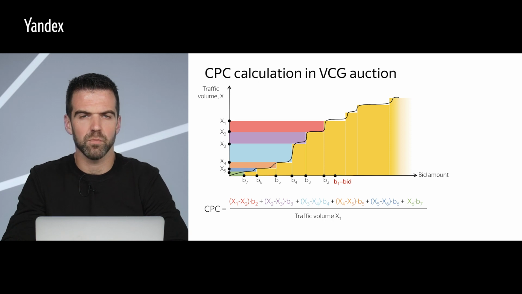That means the steps will be slightly smoother and rounder. This is a simplified image, excluding CTR. In fact, the traffic volume is influenced by many factors which we have already mentioned. In the end, despite the complicated formula and the smoothed out graph, the essence has not changed.